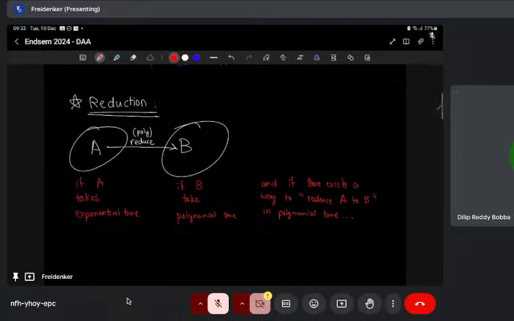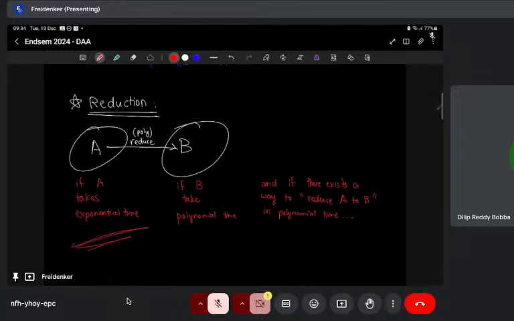I'll convert my algorithm A to algorithm B in polynomial time, solve my new problem now. I will get an efficient solution from algorithm B, and then whatever solution I get from algorithm B, I'll just convert it into the format of the solution of algorithm A. That's good, right? So this will only take polynomial time.